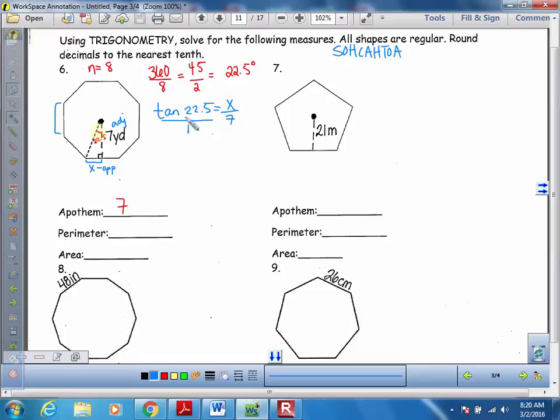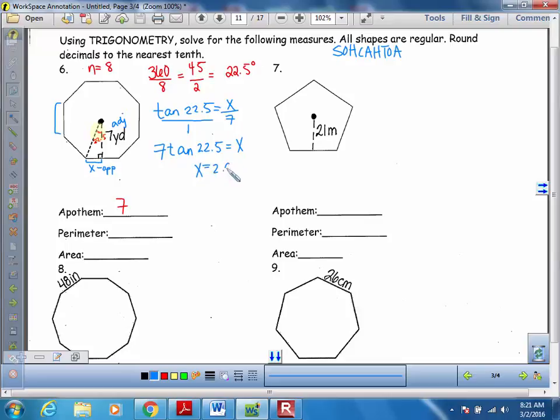I'm going to do 7 times tan 22.5 equals 1 times x, which is x. So if I plug 7 tan 22.5 in my calculator exactly like that, that ends up giving me 2.9.